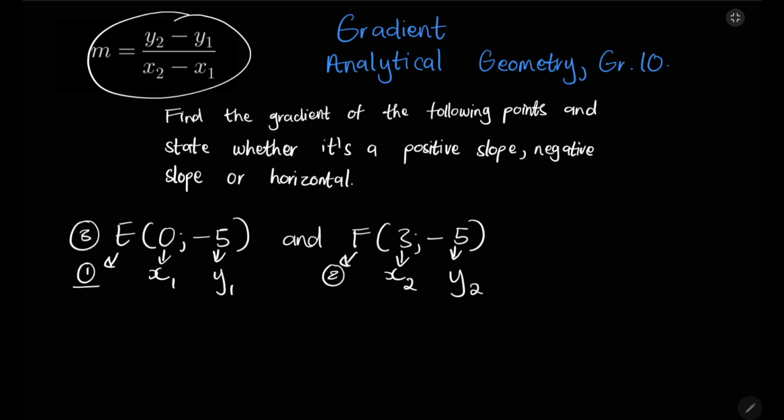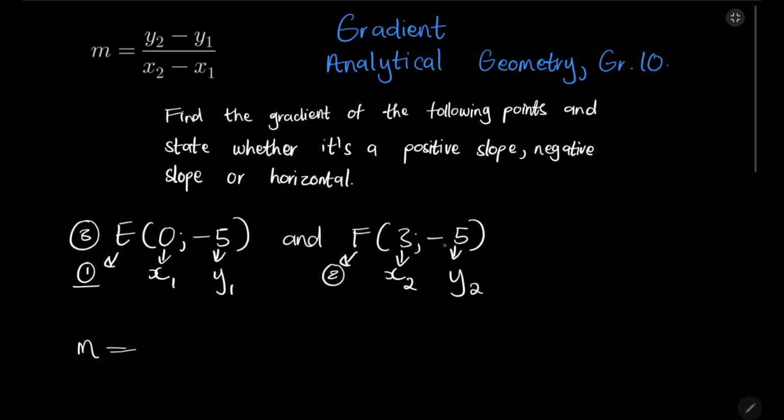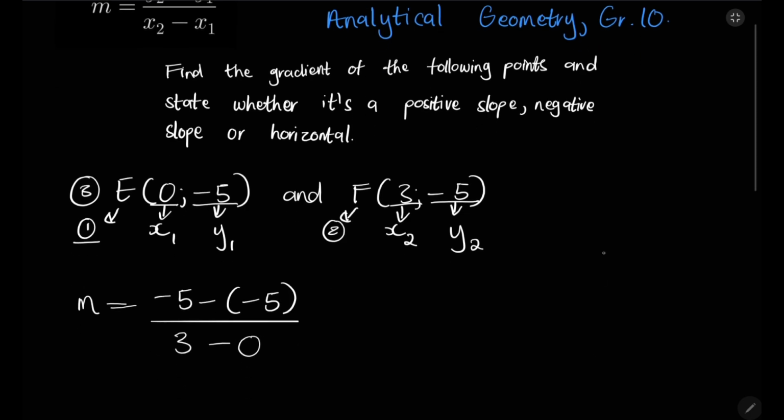Now let's substitute into our formula. We have m is equal to y2, your y2 is negative 5, minus y1, which is negative 5, all over, you have x2 is 3, minus x1, which is 0.